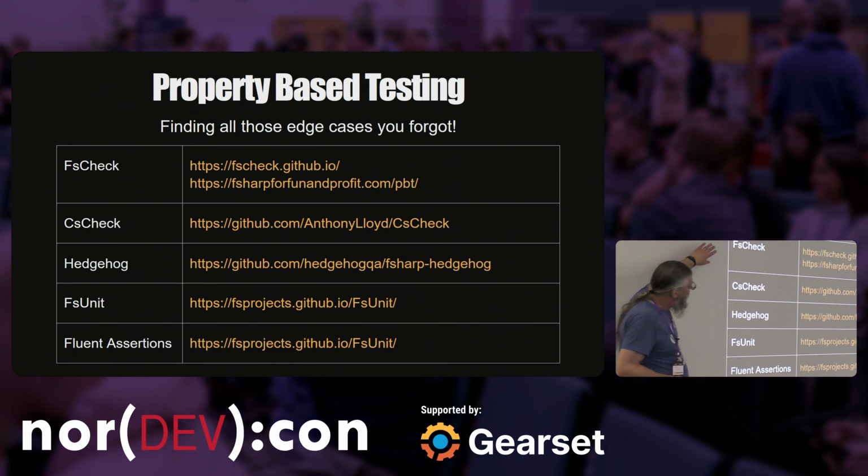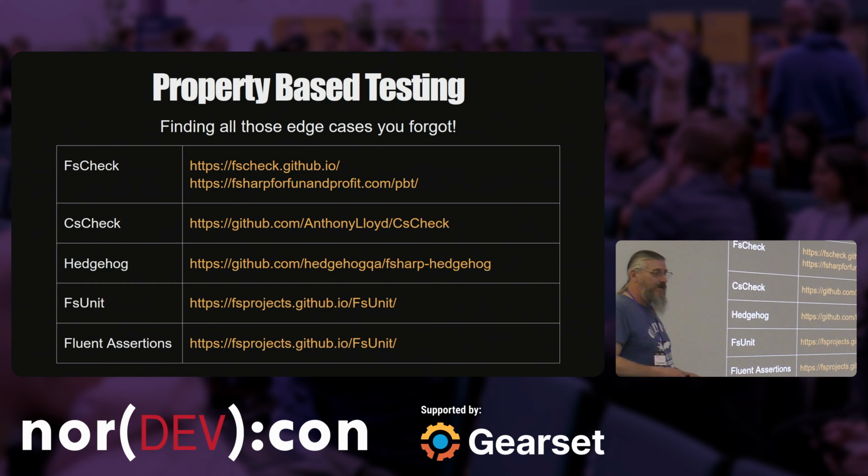F# for Fun and Profit has quite a long series of articles about property-based testing in .NET. Most of the examples are in F# because it is a site about F# programming. But it is enlightening, and it goes into a little more detail on Arbs and Gens than the actual FsCheck documentation does. FsUnit is the F# equivalent of NUnit, kind of.